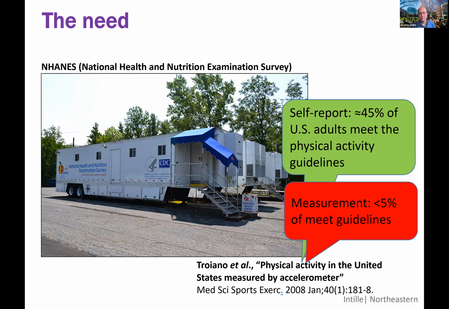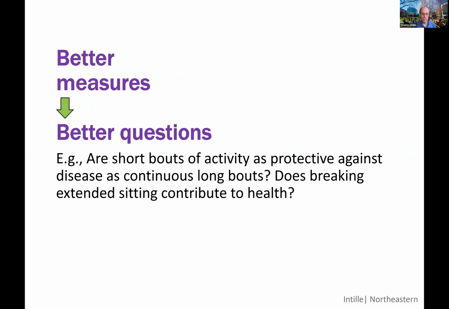But if you then look at measurement from an accelerometer that they wore, less than 5% meet the guidelines. And researchers who work in the physical activity space think that the truth is somewhere in the middle, and we have to figure out how to measure that truth.